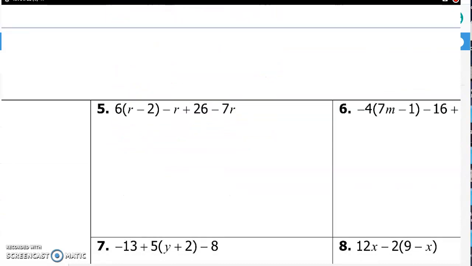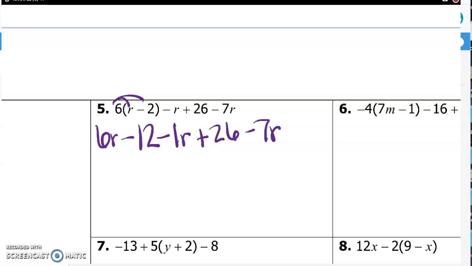Number 5, first we distribute. 6r minus 12 minus, I'm going to put 1r plus 26 minus 7r. So just rewriting those in after you distribute. So we have 6r minus 1r minus 7r.